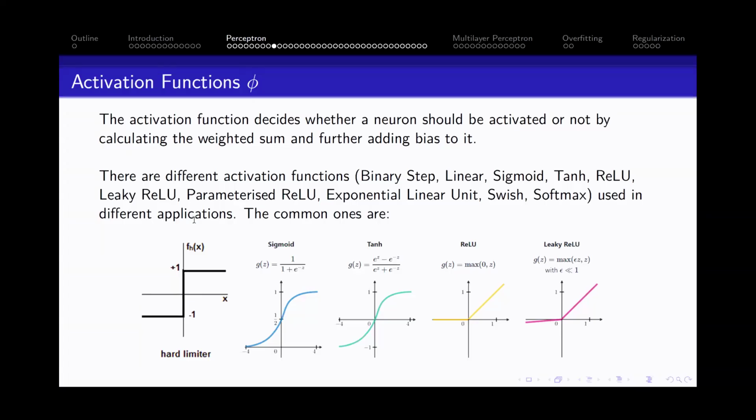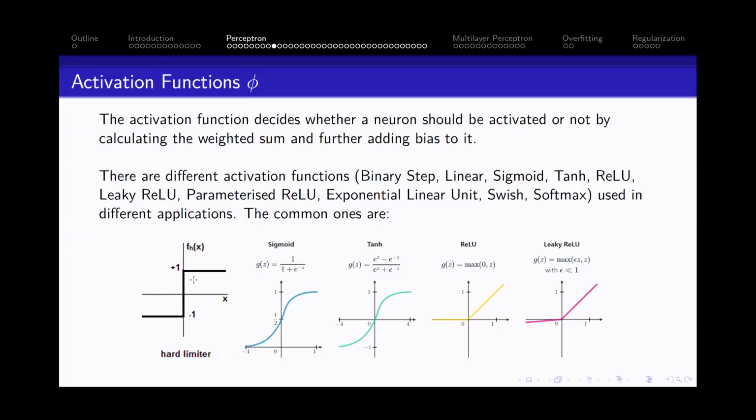Mathematically, you may have different choices for this activation function. What we just discussed in the previous slide was the leftmost curve, which we call the hard limiter. If your calculation z is greater than or equal to 0, then your output is 1, otherwise it's -1.